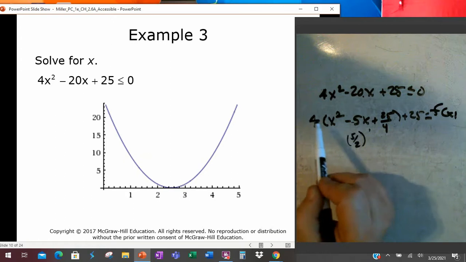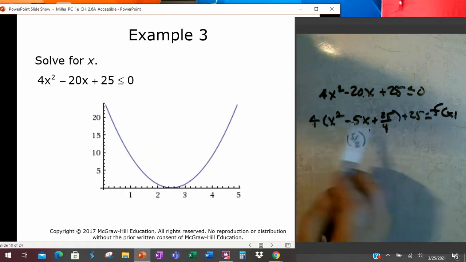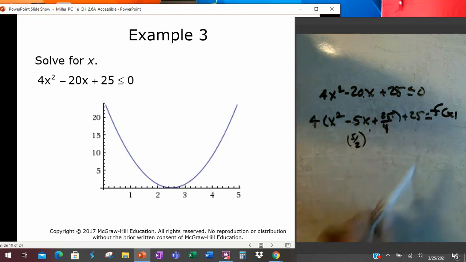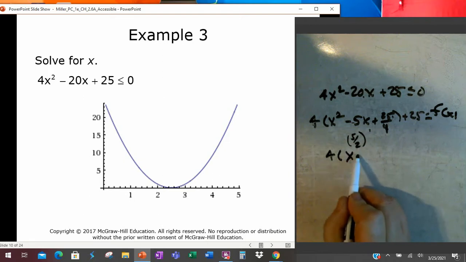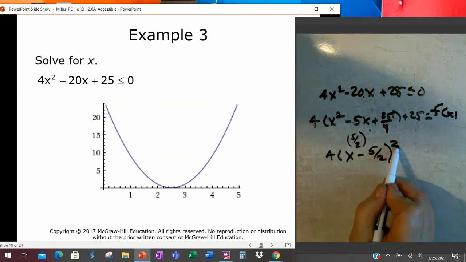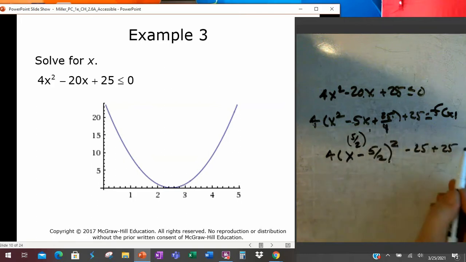Okay, so I've really added in a 25, so I need to subtract off a 25. So this is actually 4 times x minus 5/2 squared minus 25 plus 25, and this is less than or equal to 0.